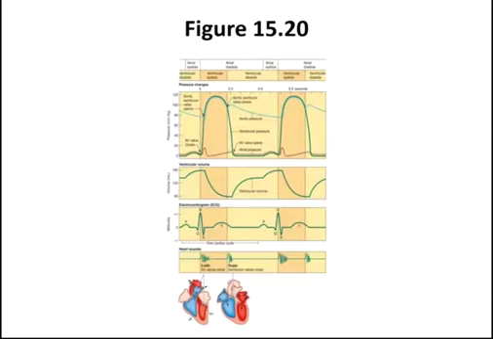We move up and we can see the ECG, the electrocardiogram, and we have the waves, the P wave, the QRS wave, and the T wave, and that's going to correspond with the relaxation and the contraction of the ventricles and the atria. We go up to the ventricular volume, and you can see where the QRS wave, the stimulation, the depolarization, is going to cause the ventricle to contract.